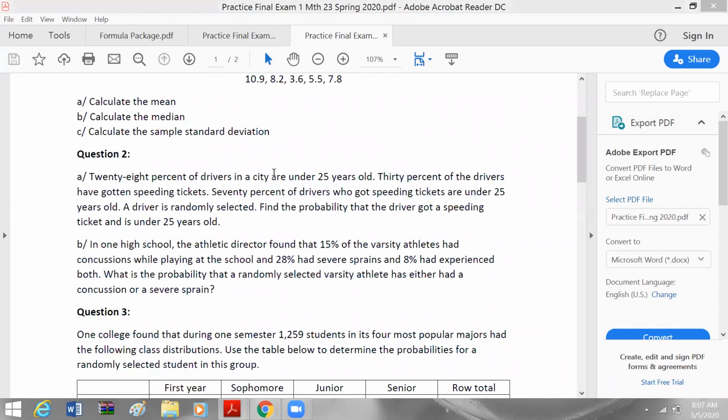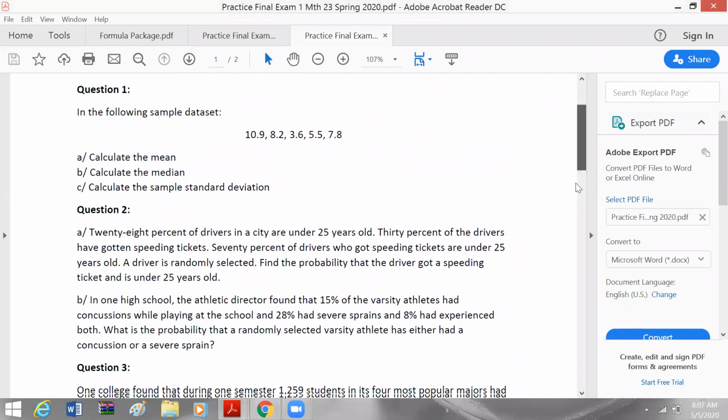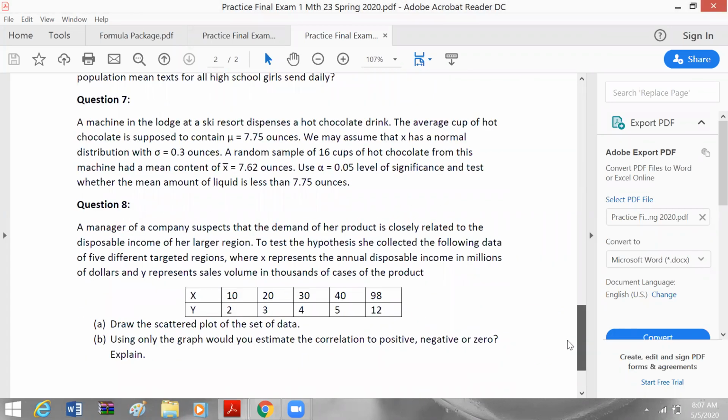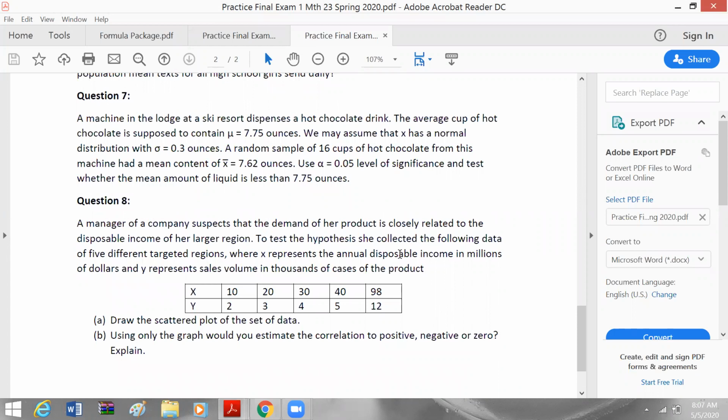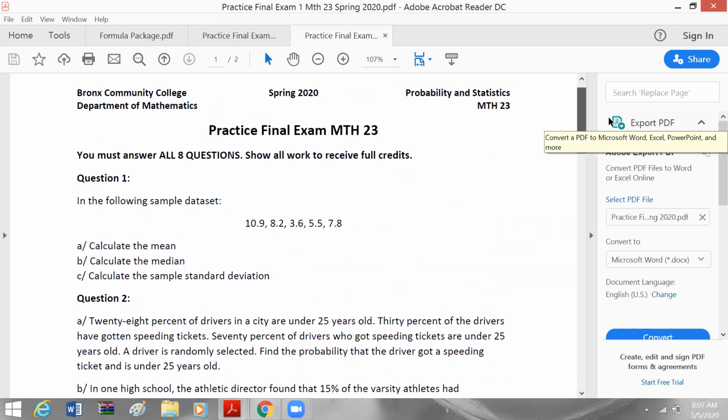The math final exam is pretty similar to the practice final exam that we have in the math department. It will be in the exact same order: question 1, 2, 3, 4, 5, 6, 7, 8. There will be a total of 8 questions, in the exact same order like that.